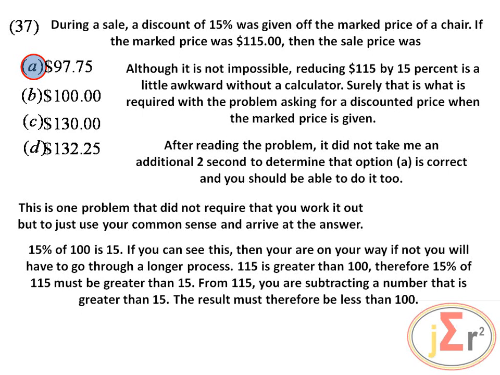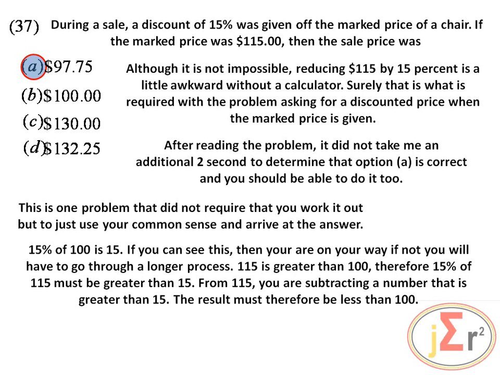And how do we know that we are subtracting a number that is greater than 15 from 115? Because 15% of 115 is greater than 15% of 100. 15% of 100 is 15. Therefore, 15% of 115 must be greater than 15.